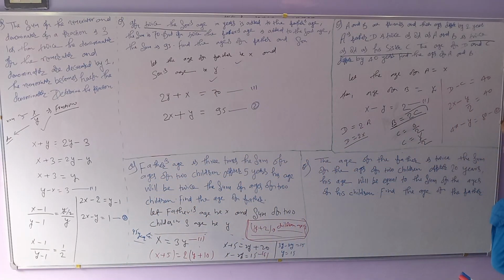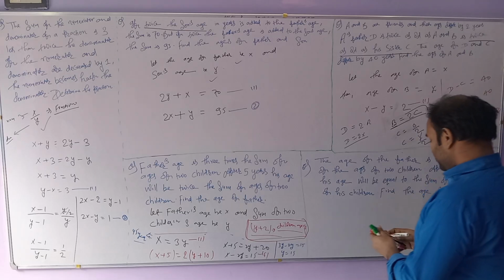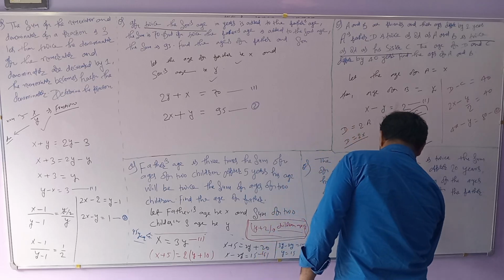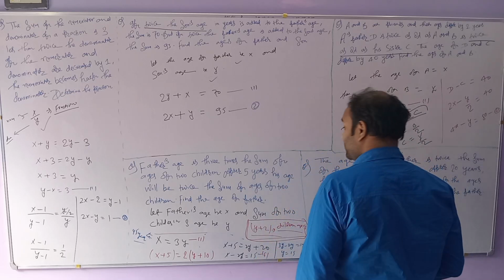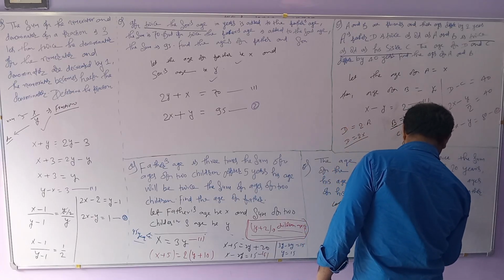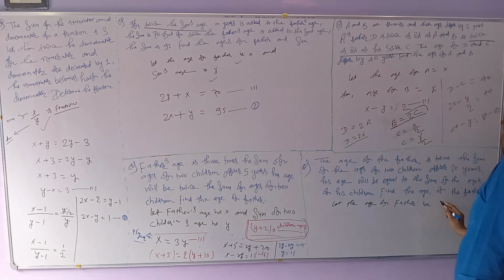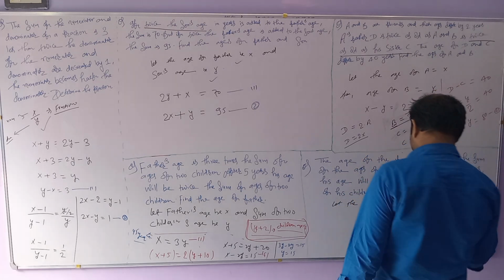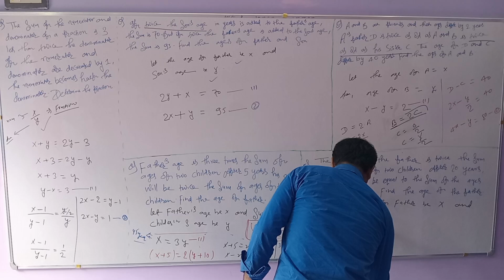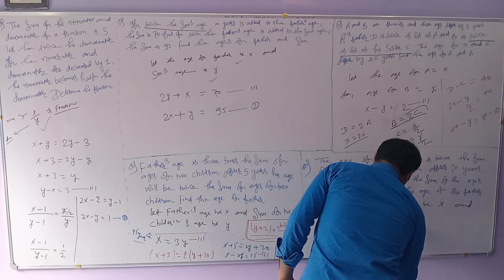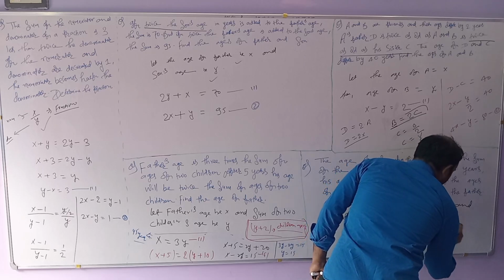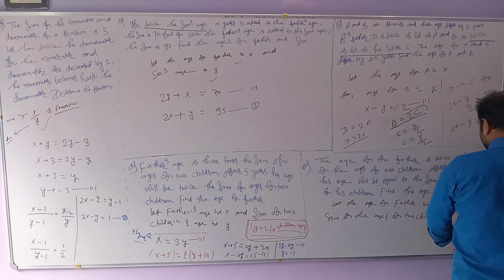In another question, the age of the father is twice the sum of the ages of two children. Let the age of father be x and the sum of the ages of two children be y.